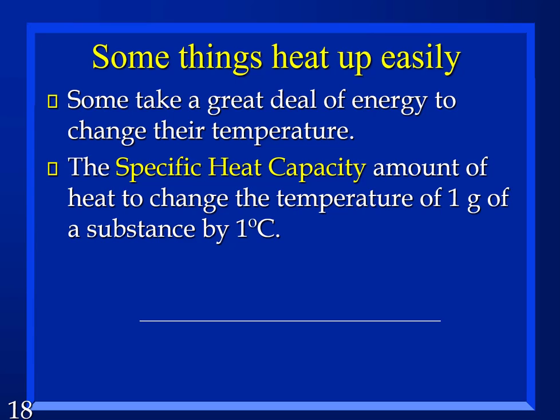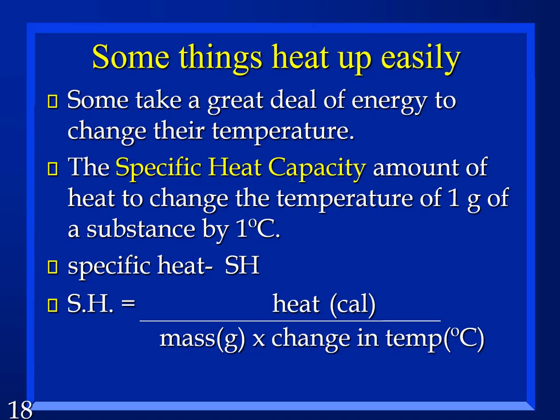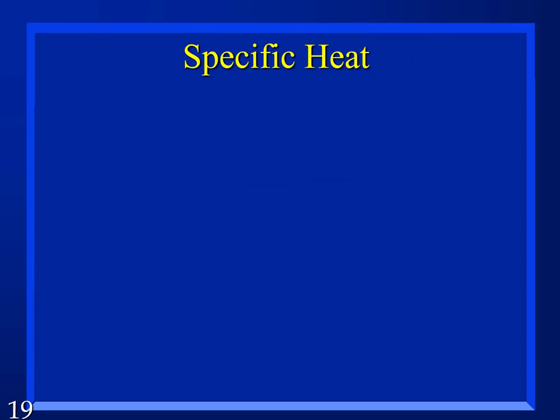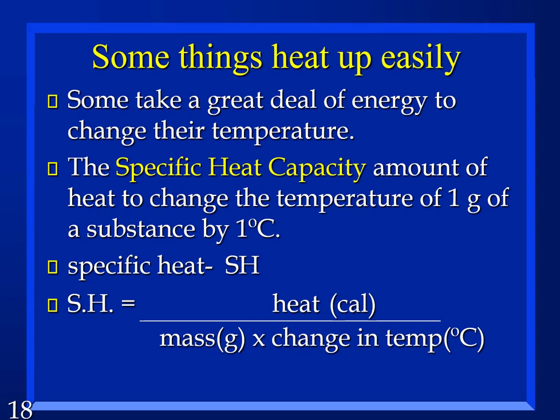Okay? So if you wanted to label specific heat, you label it SH, for specific heat. And here's the equation. Specific heat equals heat, which is either going to be calories or joules, divided by mass, divided by the change in temperature.